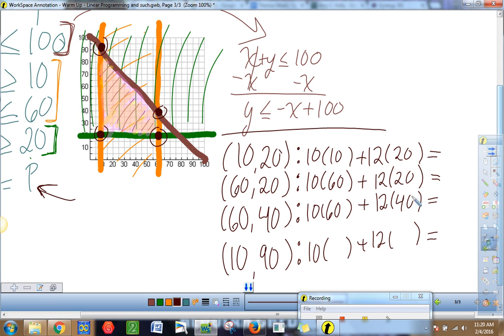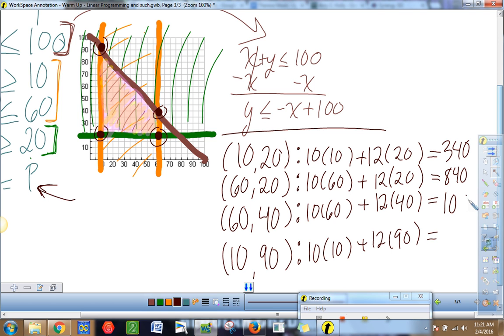I could use a calculator, but I'm doing it on the side. First one's 340. 340? Yeah. Okay. 840, perfect. I like the tag teaming. Good. Let's each figure out one. Let's see, this is 60, and that's 480. I'm sorry, 600. That's 1,050.